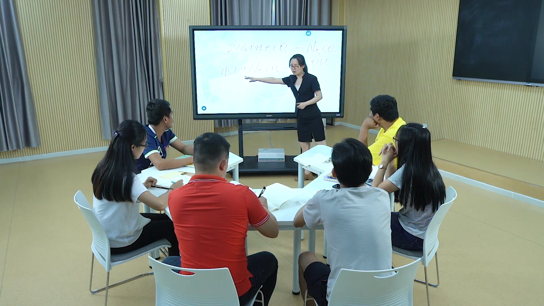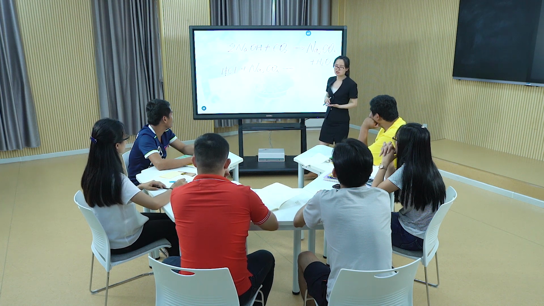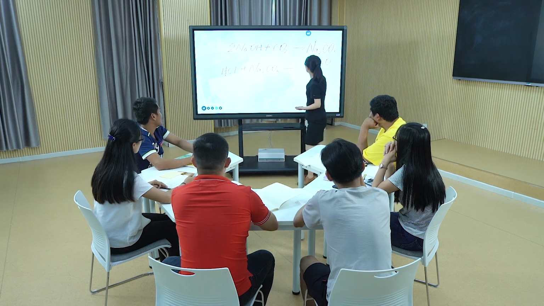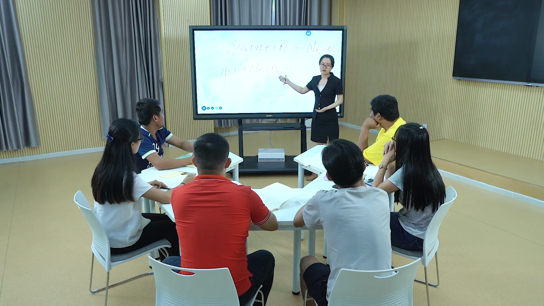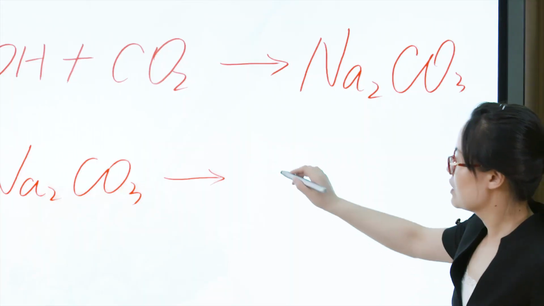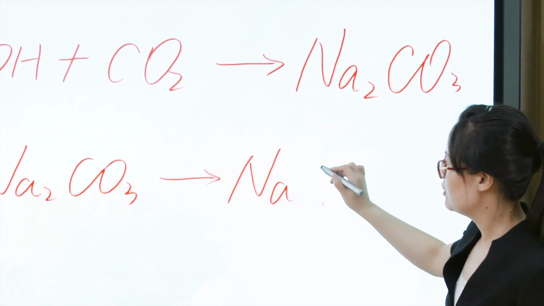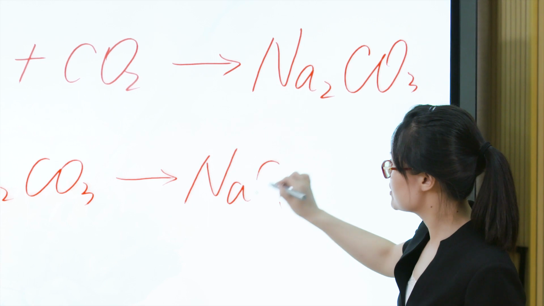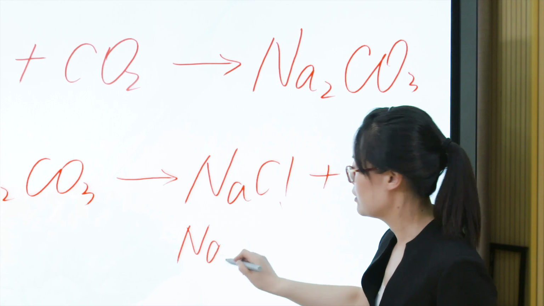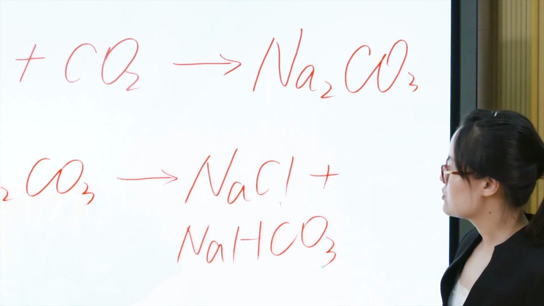So when we use pp as indicator, HCl and sodium carbonate will get sodium chloride, NaCl, plus NaHCO3.